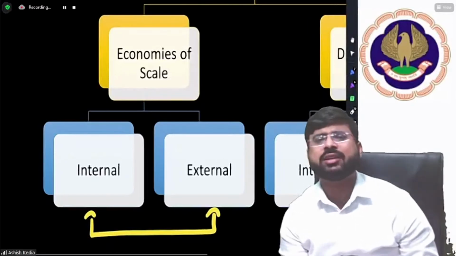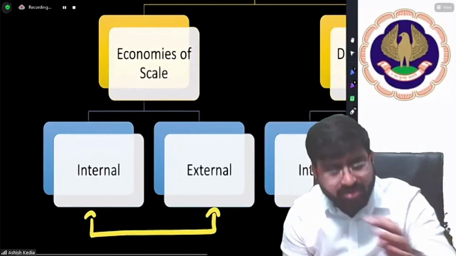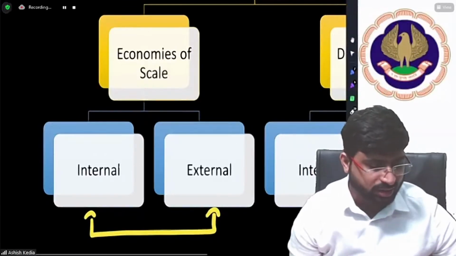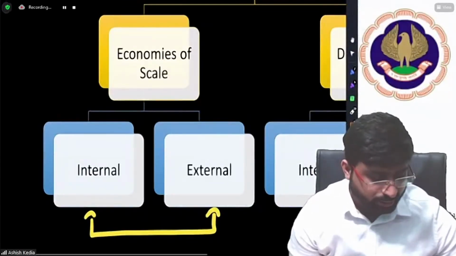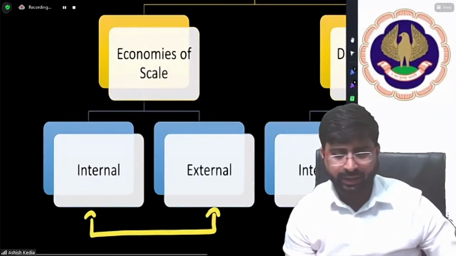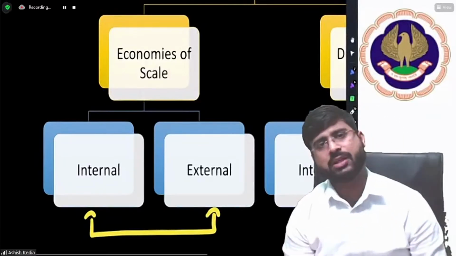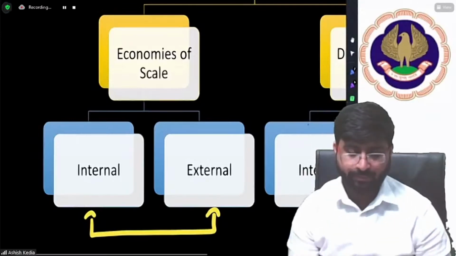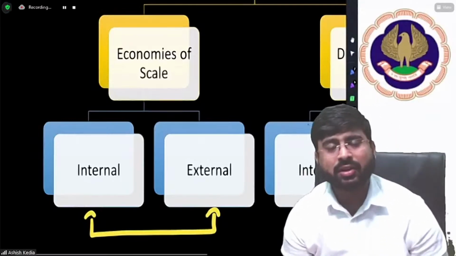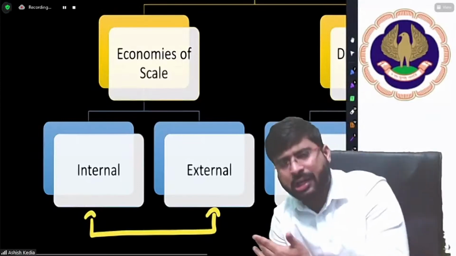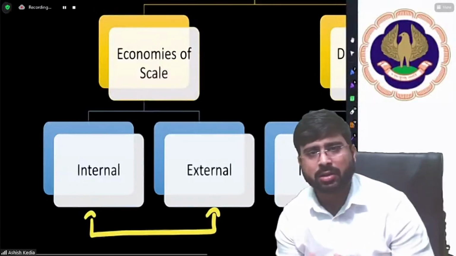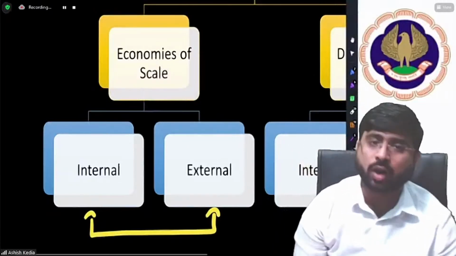Internal means those advantages which are restricted to that business firm or an individual business organization. That is called internal economy. But there are certain advantages that occur in the industry because of which each business is able to take advantage. That is external economy.